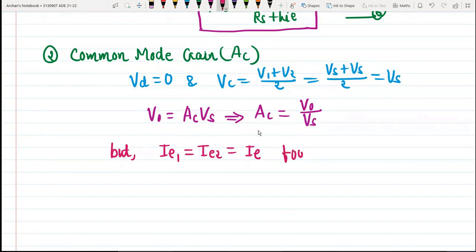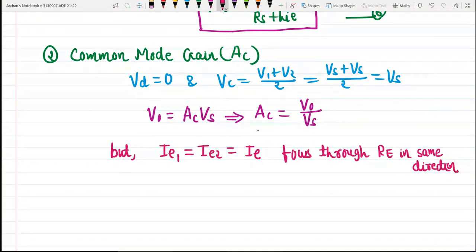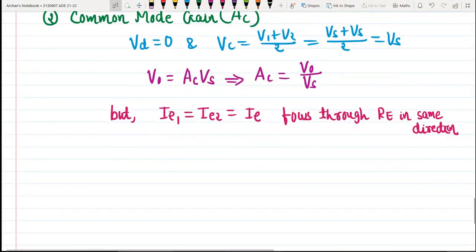So IE flows through emitter resistance RE in the same direction. Now if I talk about the total current flowing through RE, IE1 is flowing through transistor 1, IE2 is flowing through transistor 2.